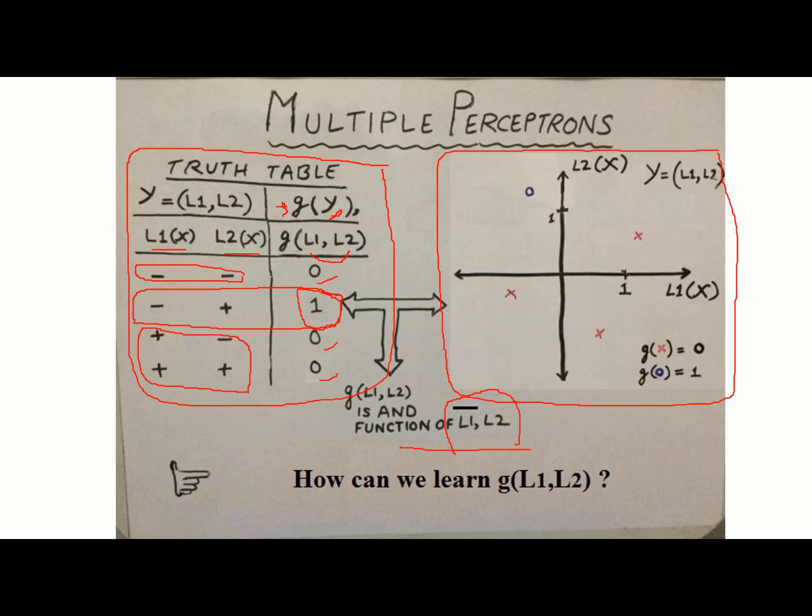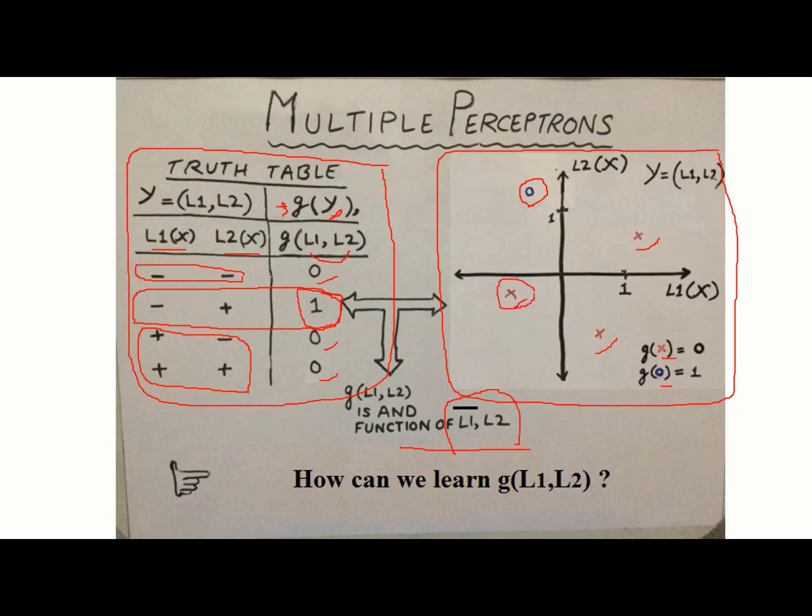So this function g has input y, which is a data point represented by blue circle and red cross. And the location of these points is somewhat arbitrary, but the quadrant is important. So you see that this blue circle lies in the second quadrant where L1 of x is negative and L2 of x is positive.